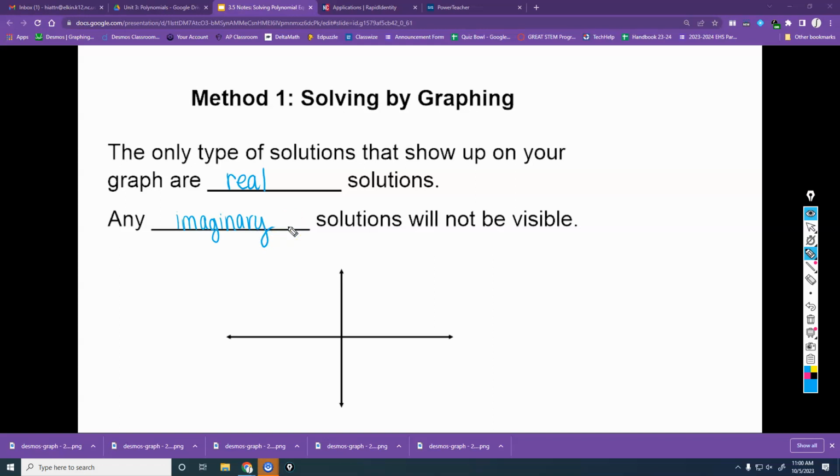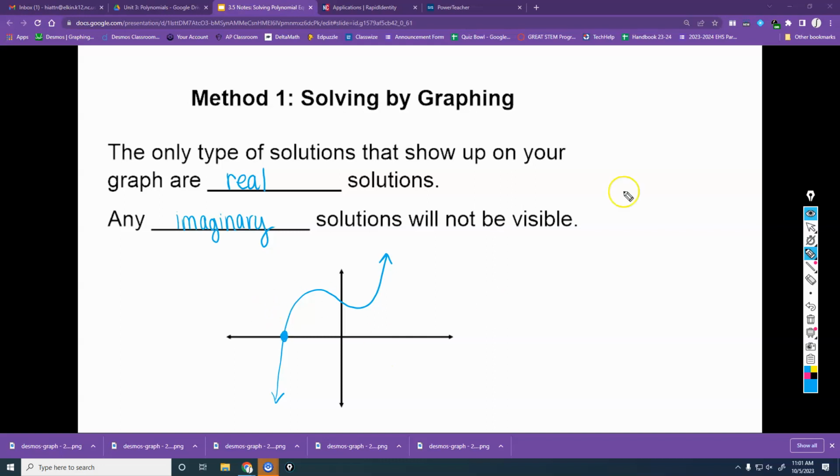For example, if I had a problem that did something like this, I've only got one real zero. But that graph looks way more complicated than just a first degree function, right? First degree is just a line. That's definitely not just a line. So that tells me there's some other imaginaries that I would have to find out there somewhere. So we'll look at how to do that.